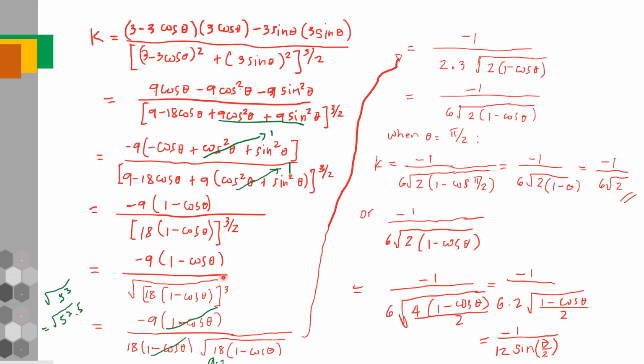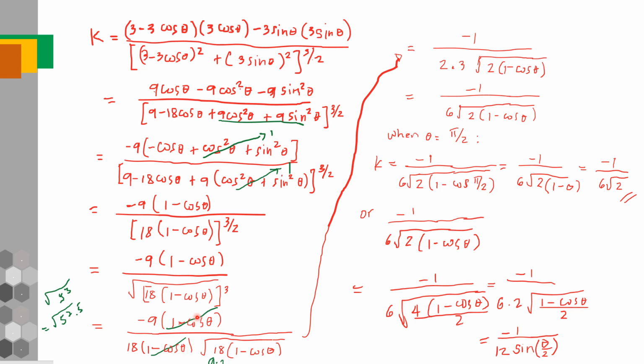So, distribute natin nito doon sa loob, so we have 18 cube and 1 minus cosine theta cube. So, lalabas yung 18 square, so magiging 18 na lang. At yung 1 minus cosine theta square lalabas din, so magiging 1 minus cosine theta na lang.